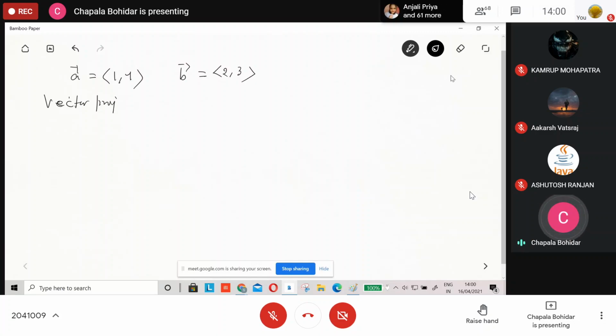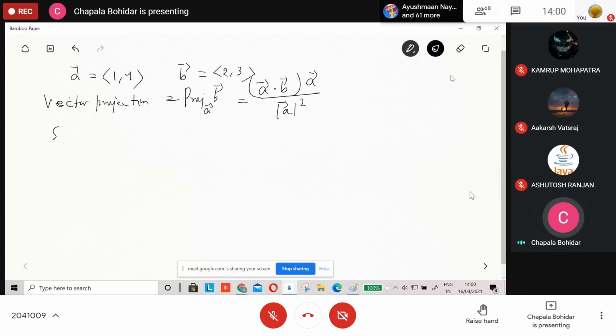The vector projection of B onto A is equal to A dot B multiplied by vector A, divided by the absolute value of A square.